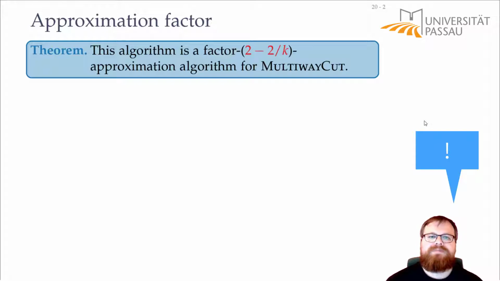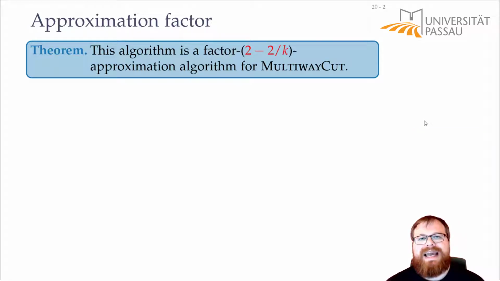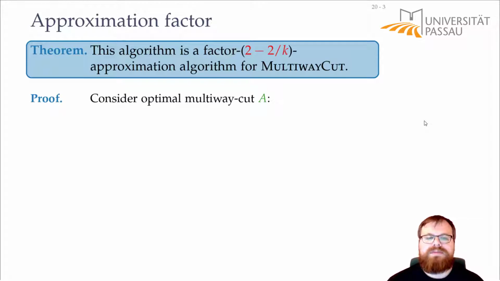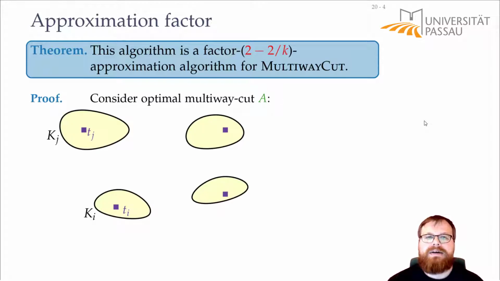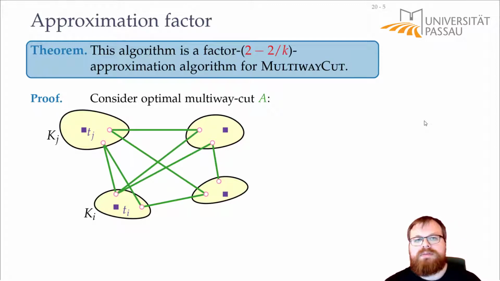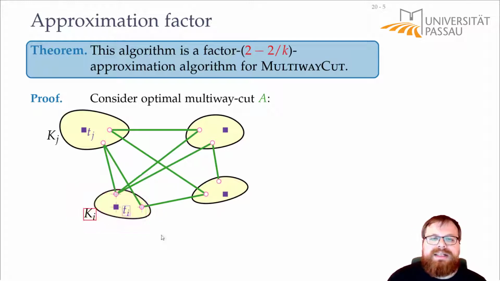We will show that the approximation factor is 2 minus 2 over k. To do this, again, we assume that we know the optimum. We know the optimum multi-way cut A. For example, if we have these terminals here, this might be the optimum multi-way cut. And now we take this multi-way cut, and for every terminal Ti, we take out the edges that connect the component of Ti to something else.